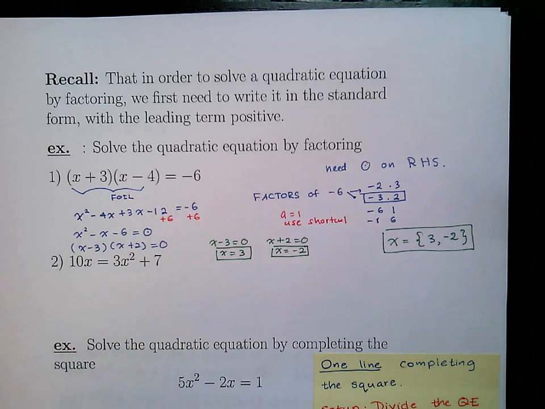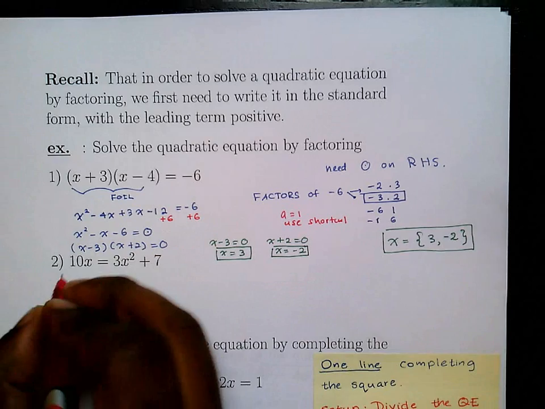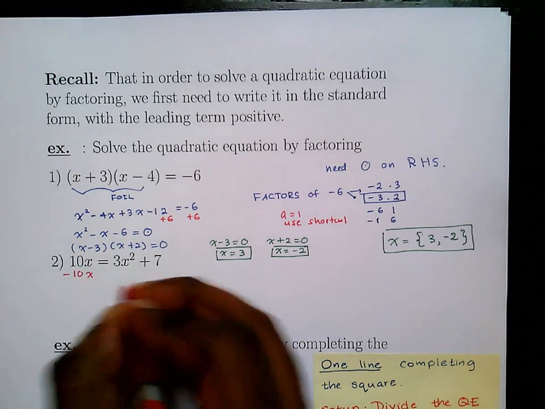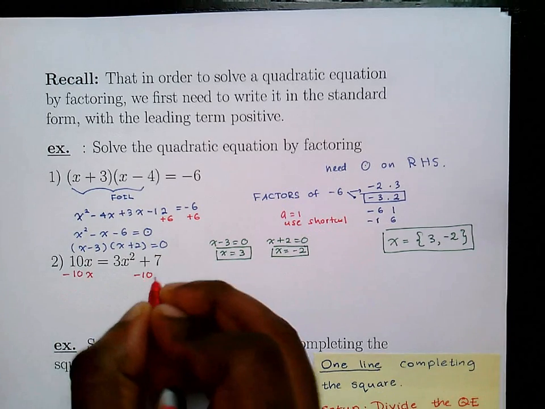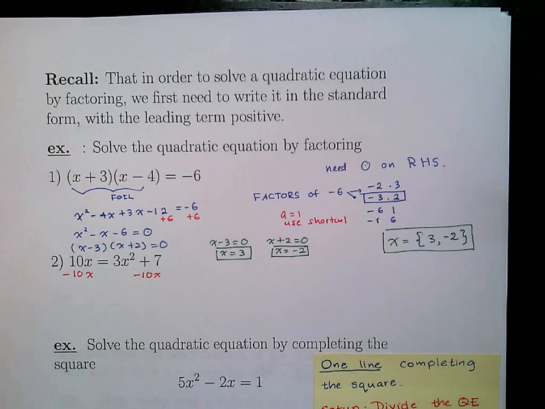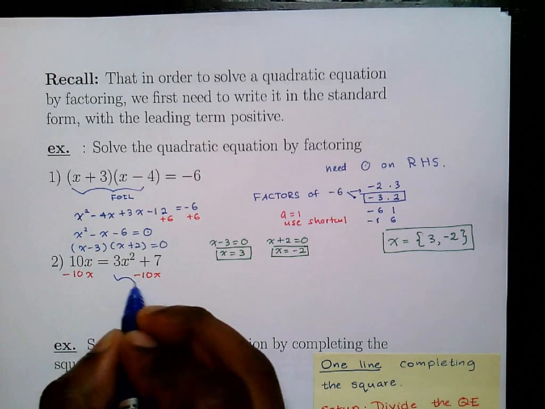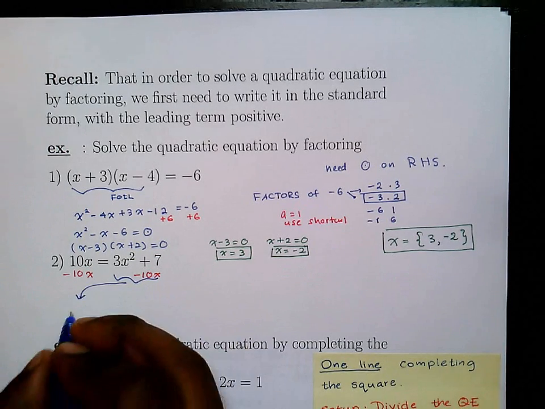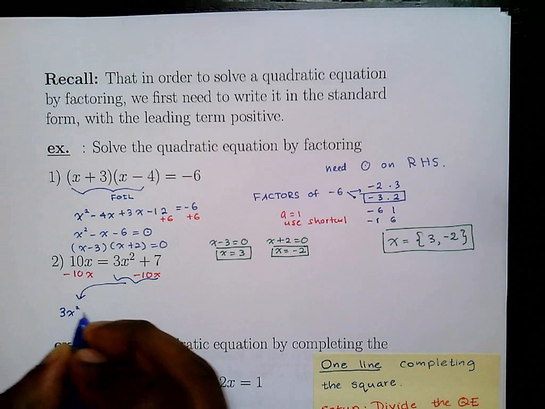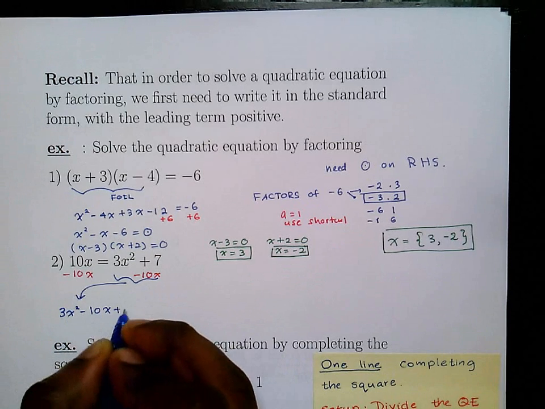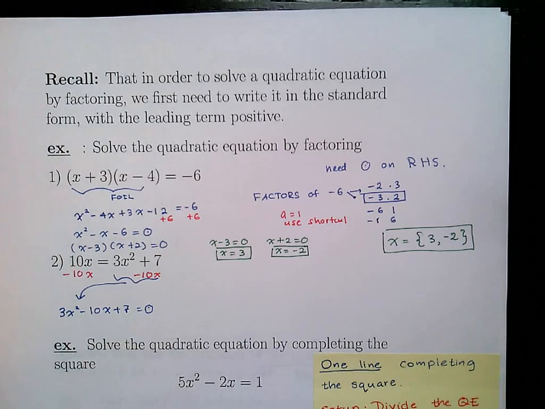And the next one is again factoring, and I would subtract 10x from both sides because I need to have 0 on one side, and I will just bring this to the left hand side. So you get 3x squared minus 10x plus 7 is equal to 0.